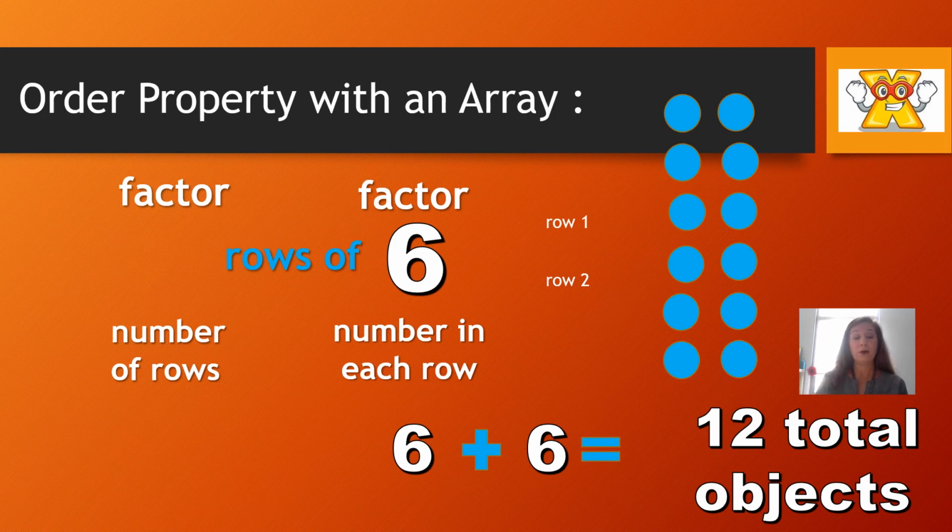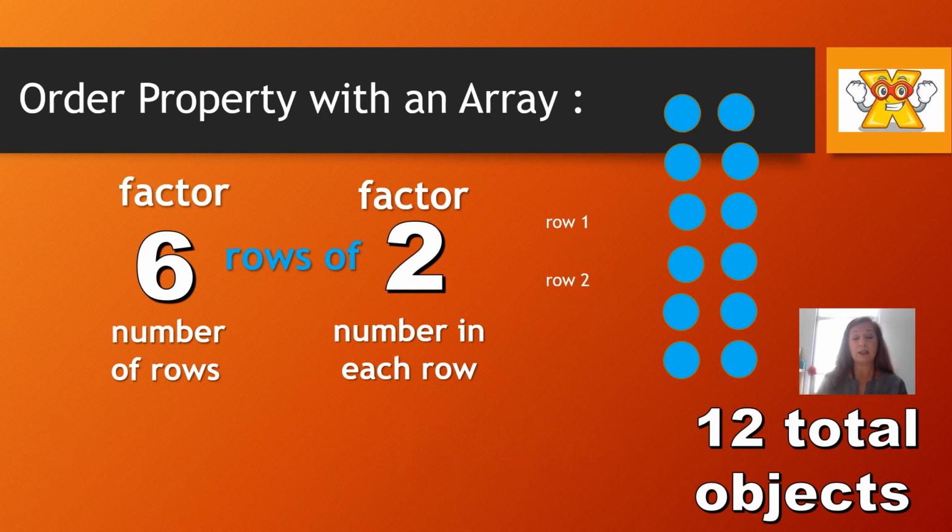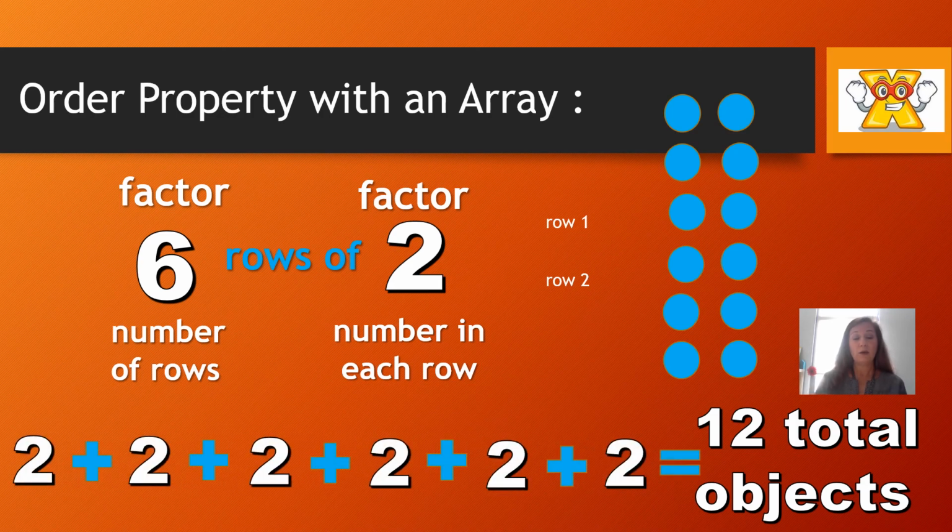And now we can say our first factor is going to be 6 rows of 2. And when we look at an addition sentence to go with that, we would have 2 plus 2 plus 2 plus 2 plus 2, which is still going to give us our 12 objects because our total hasn't changed. It's just how the circles have been arranged that has changed.